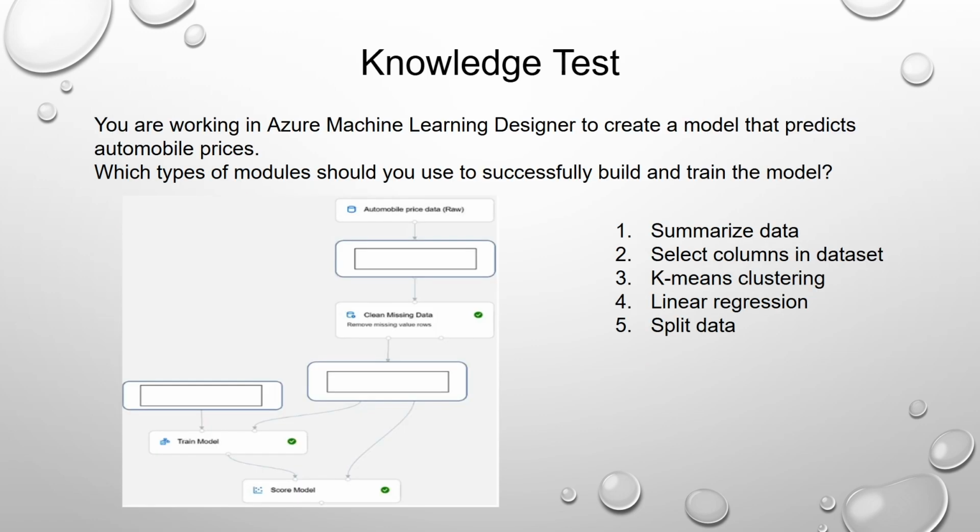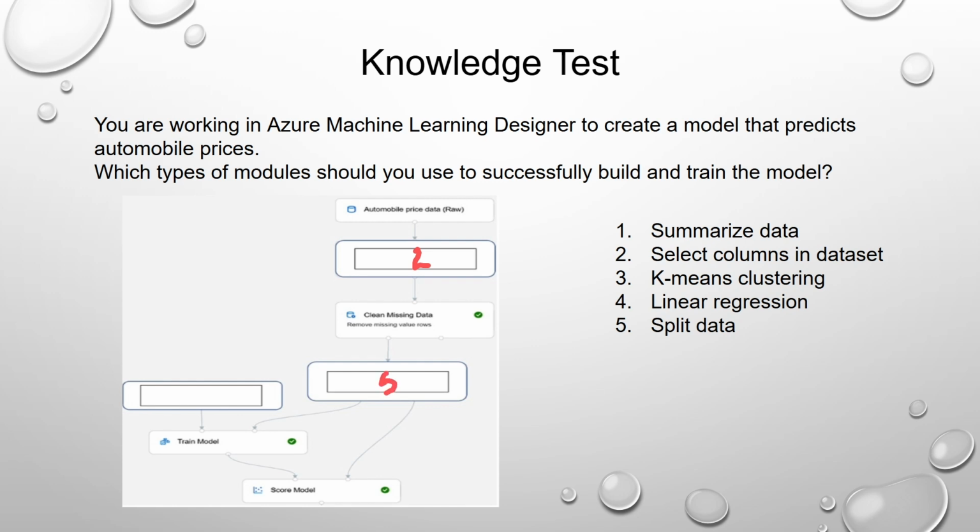Then in this question, a pipeline is given and we have to fill in these modules. Which are the components we should use here? So first, there is the raw data, and second, we know that we need to select the columns in the dataset, or it is feature selection. So here it is number 2. Then there is clean missing data, and then next is to split the data.